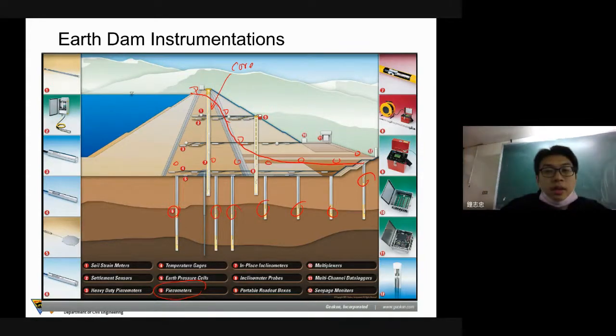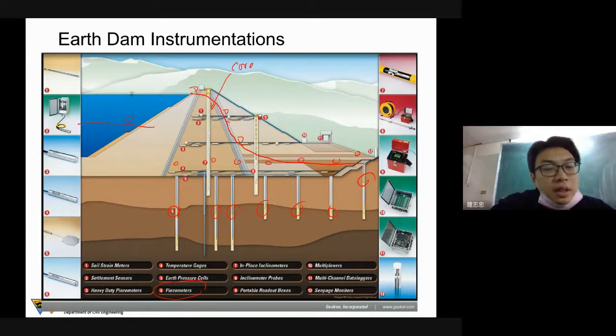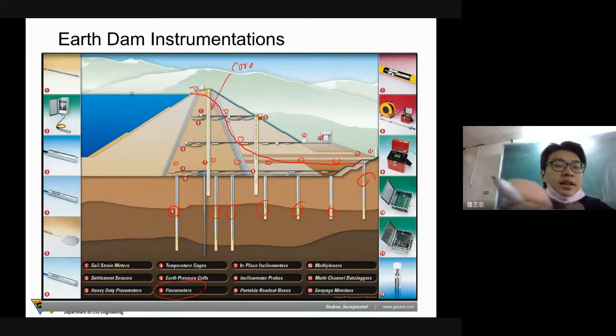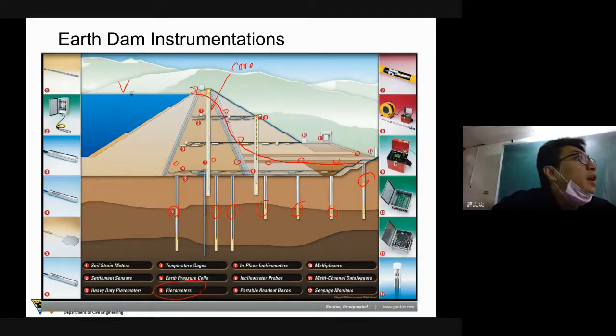Okay, it also depends on your level of water storage, but for the highest water level, we need to make sure that the underground water level does not show on the downstream slope, on the surface of the downstream.